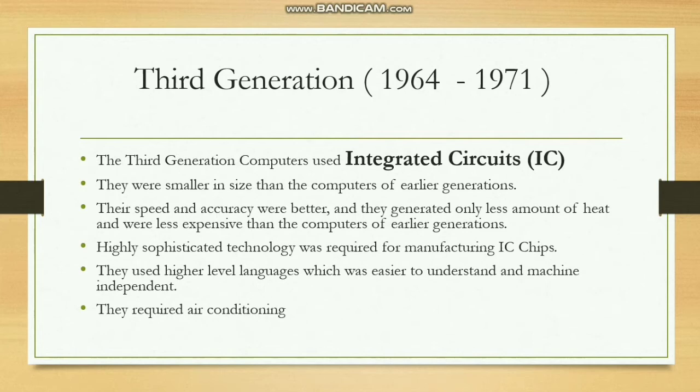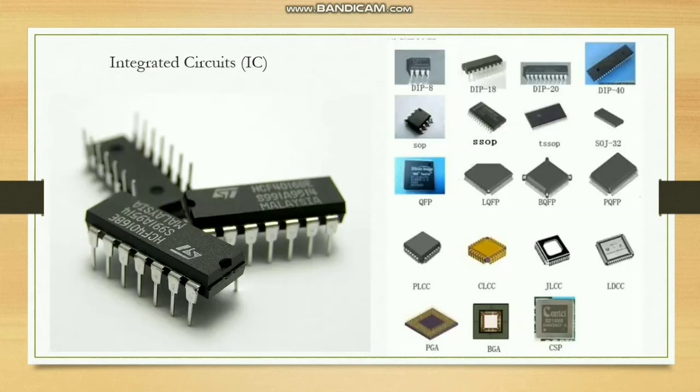That means the OS or the operating system or the languages which was used in one computer could be used in another computer also. They required air conditioning. This type of computers also need air conditioning. These are photographs of integrated circuits.